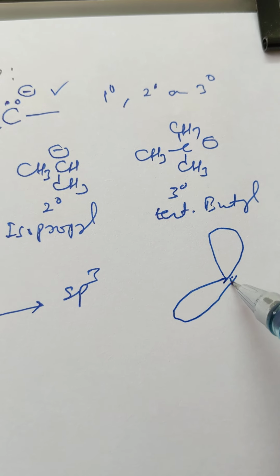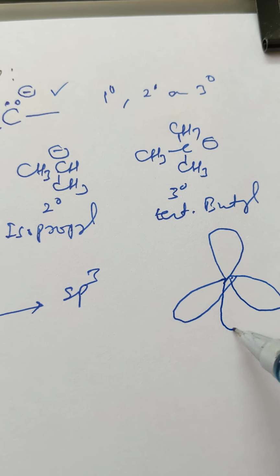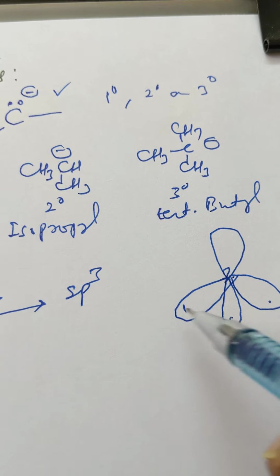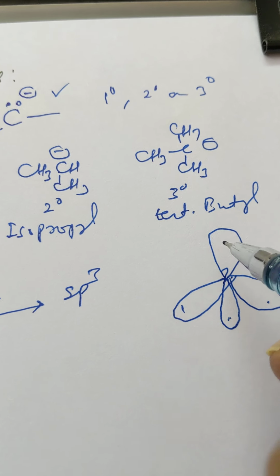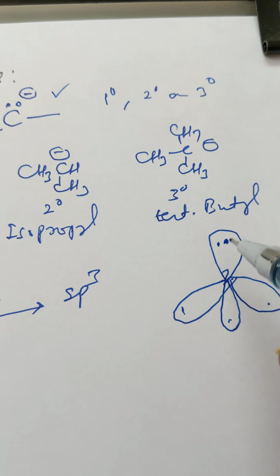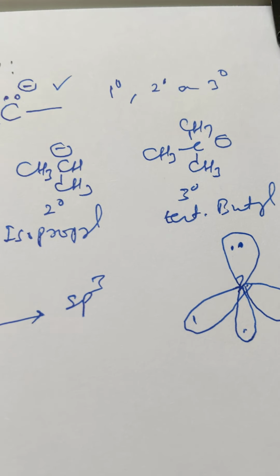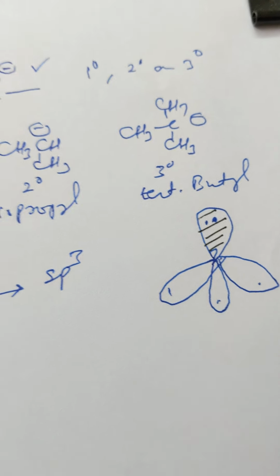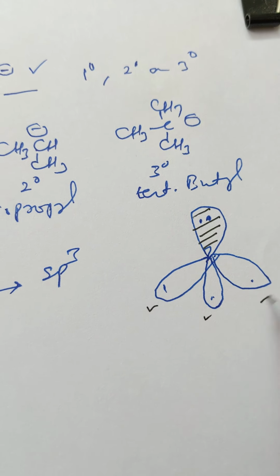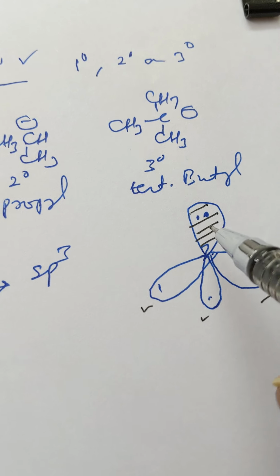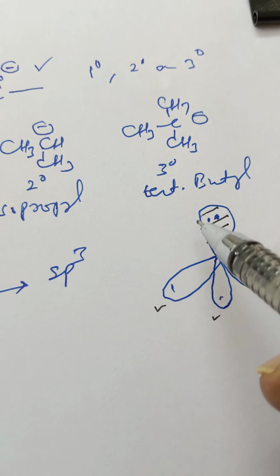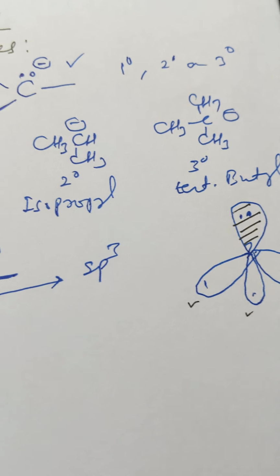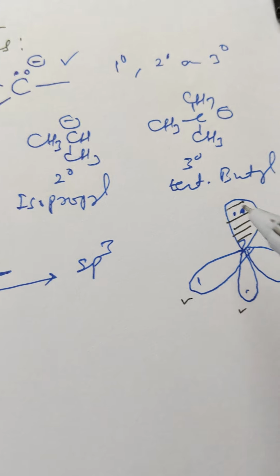Let us see like this. It will be having 4 orbitals, and all these 4 orbitals have 1 electron. Out of these 3 have 1 electron. They will form 3 bonds, and one of the sp3 hybrid orbital is completely filled. One of the sp3 hybrid is completely filled. Now they will form 3 bonds, and it is unshared electron pair, and this is the structure of negatively charged carbon of carbanion.